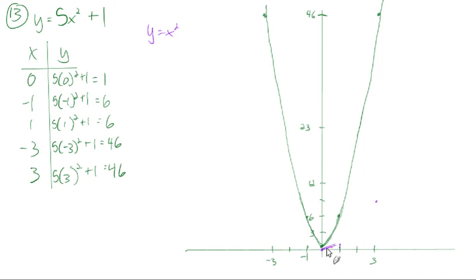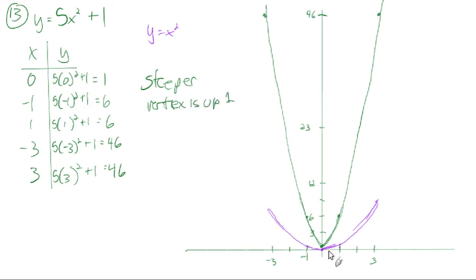And so when we compare the two, we see that our green one is much steeper. So the green one is steeper for sure. It also opens up. Something else that's changed is, look at the vertex. The vertex is up 1.